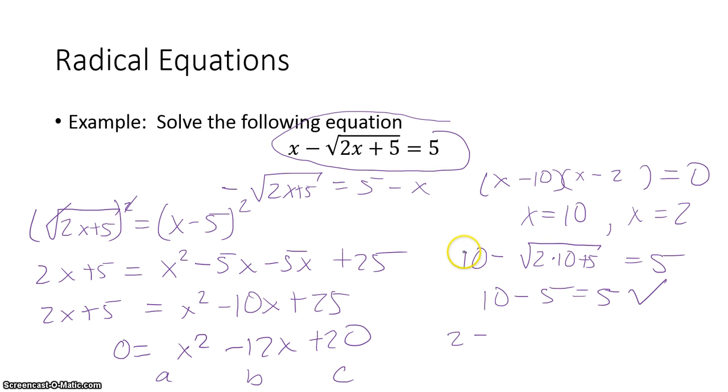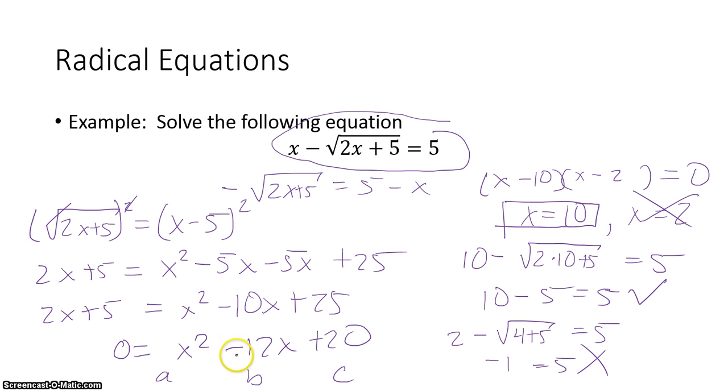Now my check for 2: 2 minus the square root of 4 plus 5 equals 5, so 2 minus 3... that gives minus 1 equals 5. No, not true. So I know that 2 is not a part of the solution for this equation, and x equals 10 is my final answer.